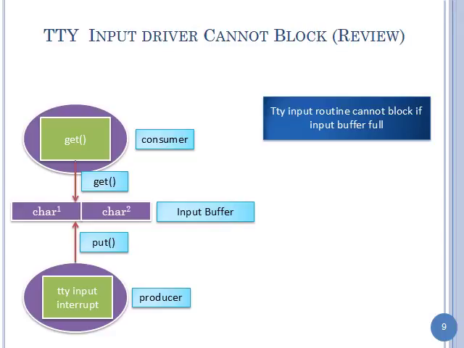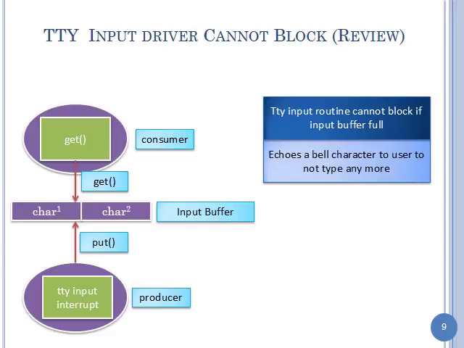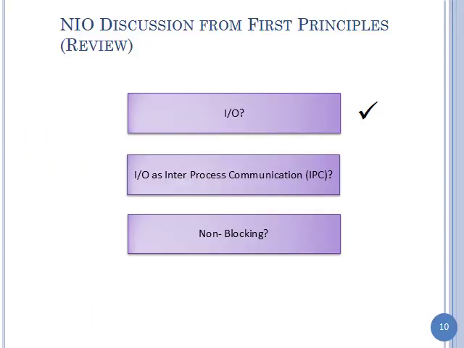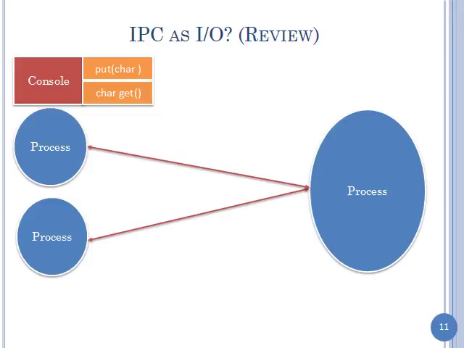The producer has to be somehow slowed down. And the way it's done, for instance, with the keyboard, is that if the user types ahead a lot, you just get a bell saying, hey, the program is not ready to process. So that was I/O, and we saw this earlier. Then we started off looking at the second part, and we said, well, we have this interface console with put and get.